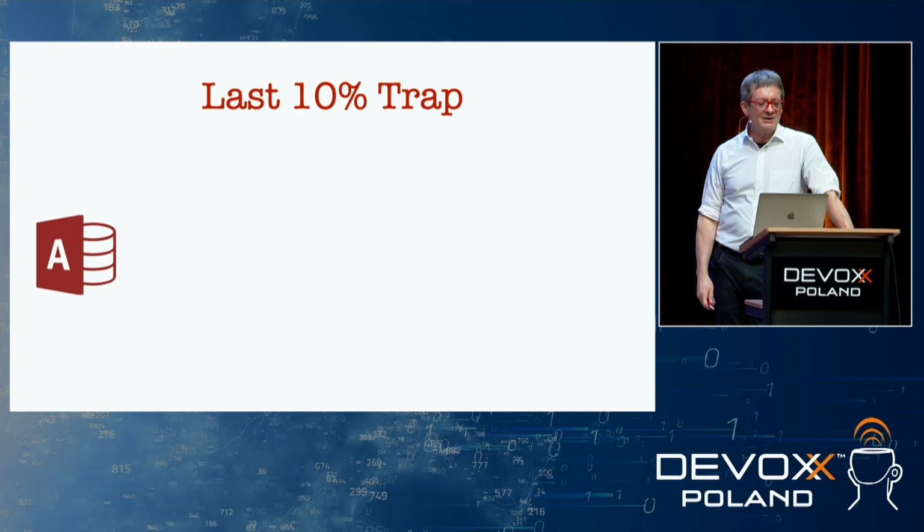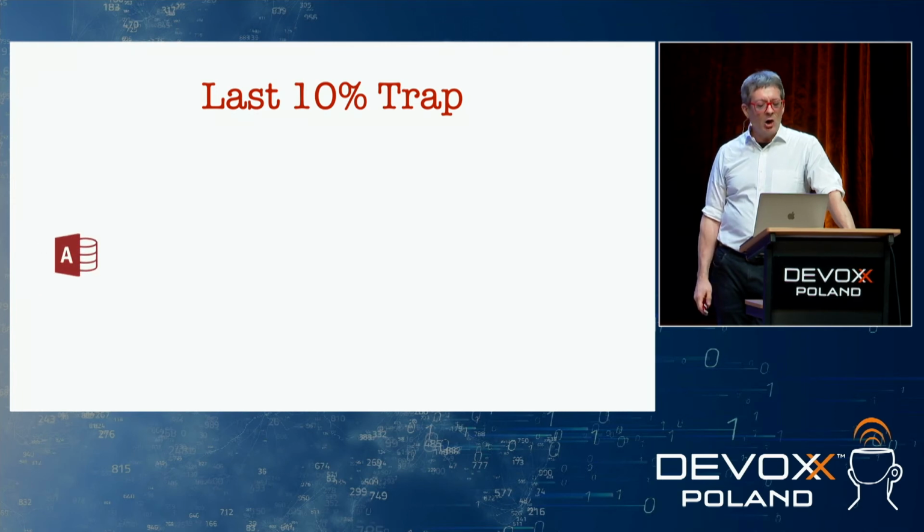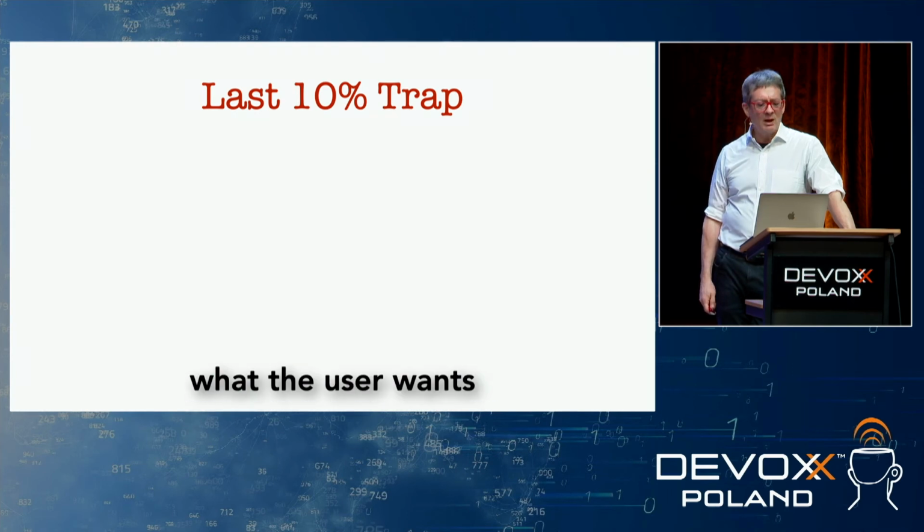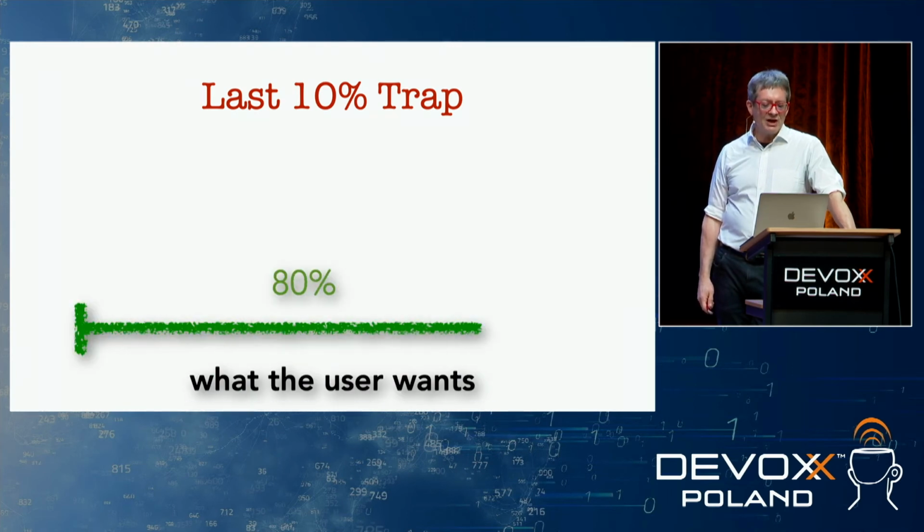And we codified this as what we call the last 10% trap. And here's what it is. The last 10% trap says if you take into account the totality of what the user wants, using a tool like Access, about 80% of what they want is really fast and easy.